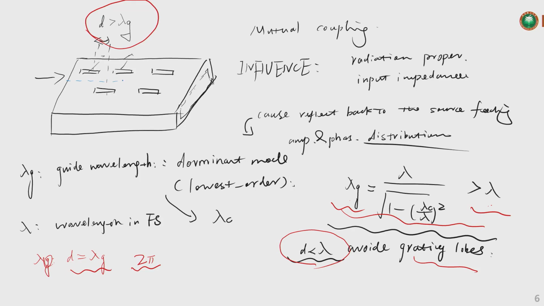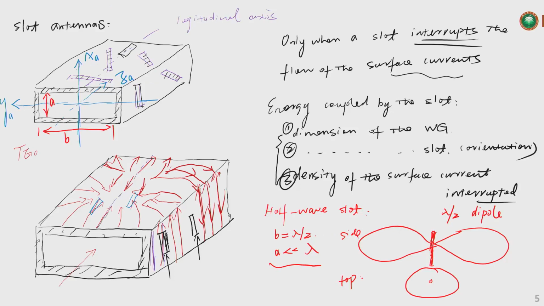So they are distributed at both sides of the longitudinal axis. For this one and this one, when we come back to look at the current distribution, we can see they have the opposite flow direction, alright? So for the opposite flow direction in the EM field, there will be a phase shift of how much?